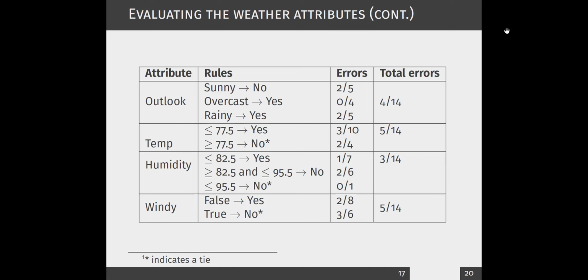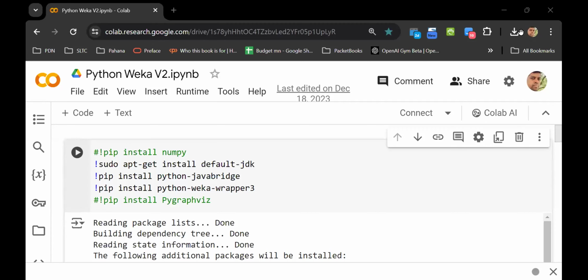Okay, and let me explain the code for you and then you can implement. So WEKA actually is a data mining machine learning toolkit which is developed by New Zealand University. If you type WEKA 3, you can find their website and you can download and install.